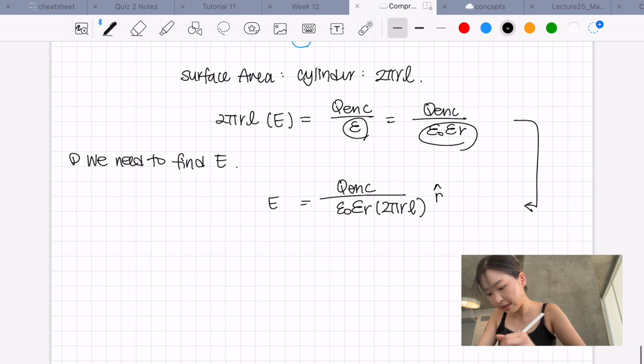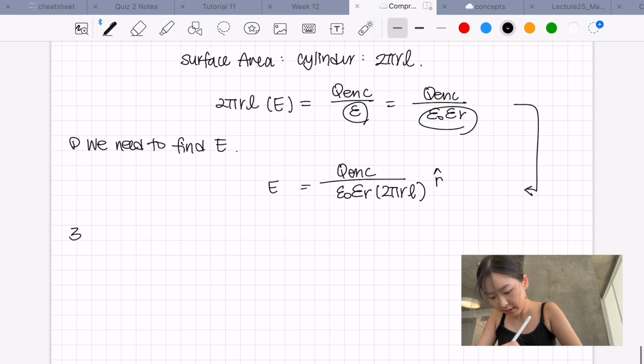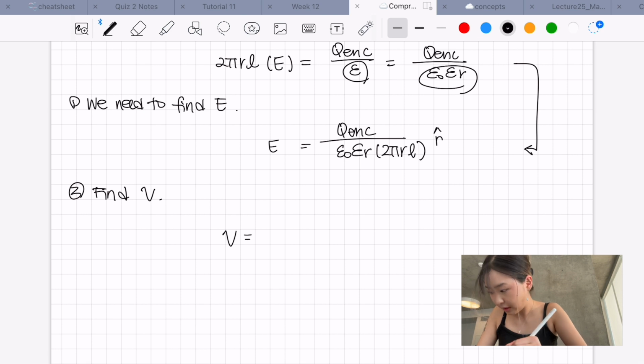Now we have to find the voltage, because we know that V is equal to negative integral from 0.2 to 0.1 to 0.2 of E dot dl.